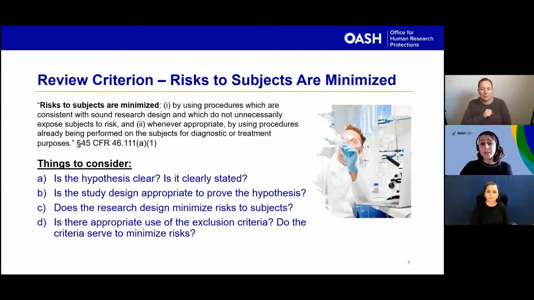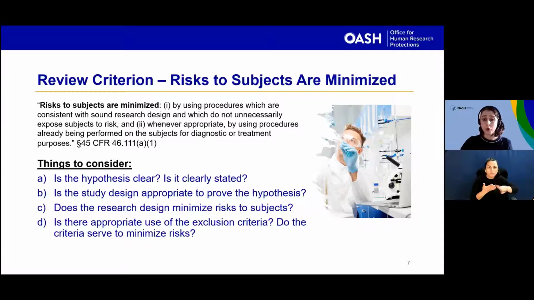So once you've looked at the research hypothesis and the research design, you now have to look at all the procedures that will be performed for research purposes. And you have to consider the likelihood and the seriousness of the risk posed by each. So again, to stay with our example, we should consider the risk posed by the saliva collection, the proposed CT scan, and any other procedure that will be performed for research purposes.